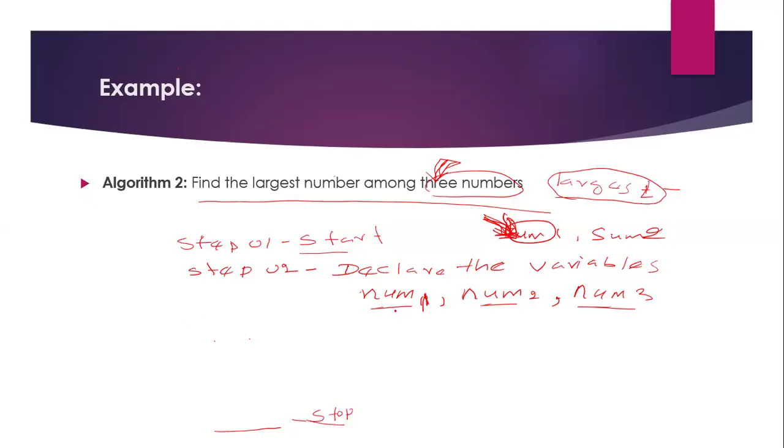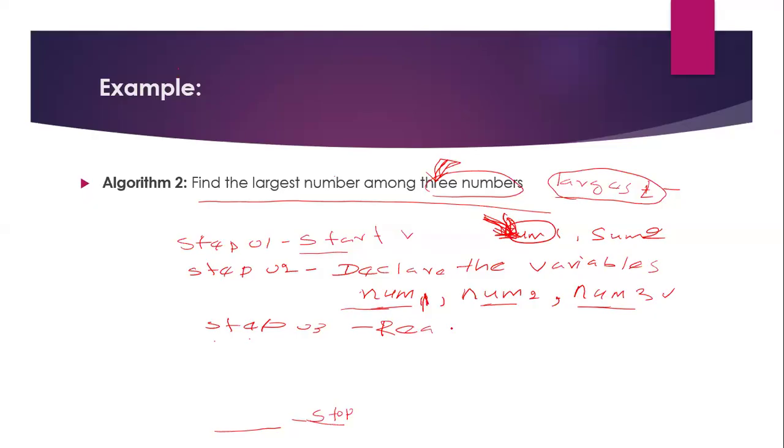After declaring the variables, what is step 3 I have to do? Now I have the start and declare the variables. After that, what do we want? Read the numbers. Yeah, exactly. Now I have declared these three variables, and now I want to read these numbers' values.